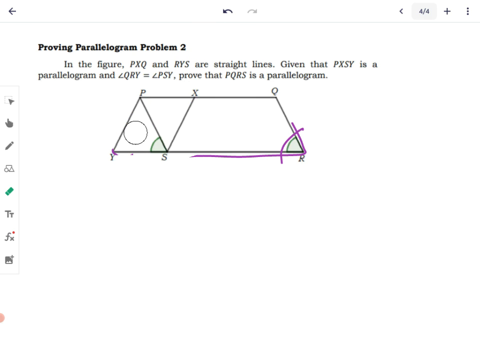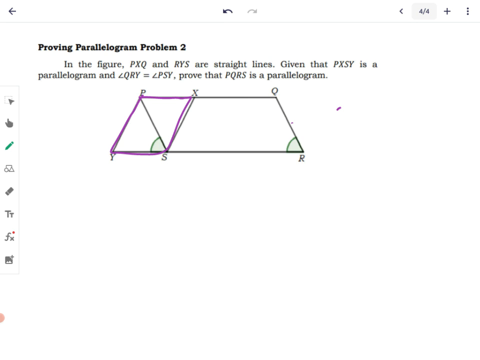The same thing, we start with our premise. But let us recall first that it says PXSY is a parallelogram, meaning in this PXSY, the four properties of a parallelogram can be applied here.